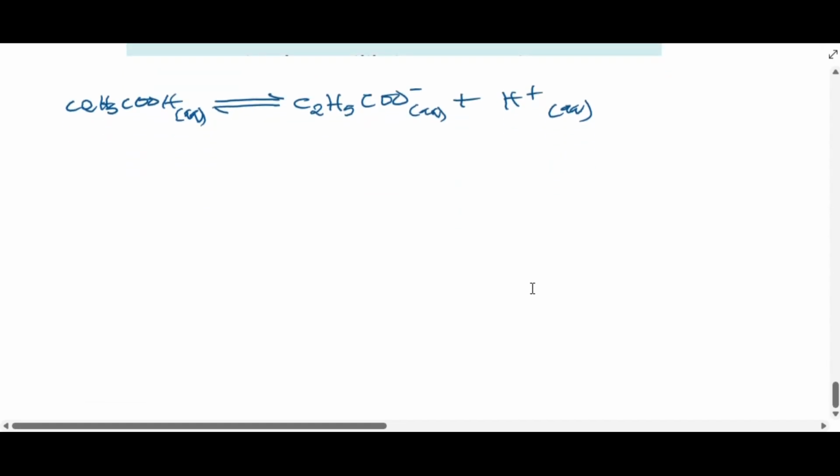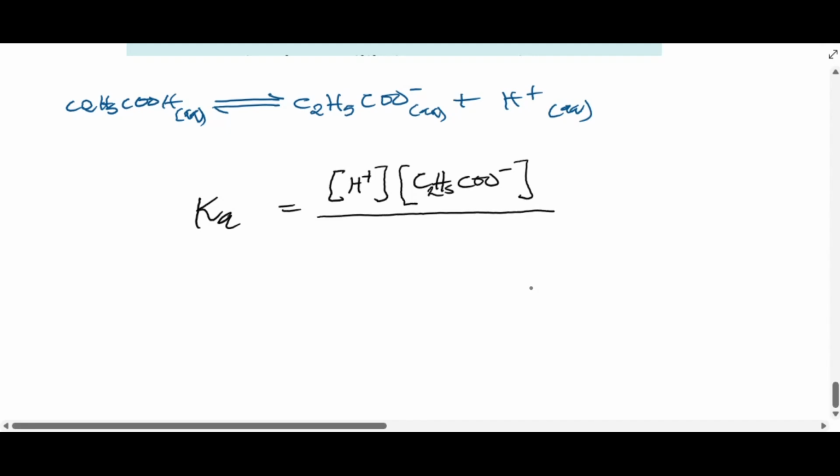So let me move up a little bit. So the Ka for this is going to be the concentration of the product, which is hydrogen ion, and the propanoate ion, C2H5COO minus, divided by the concentration of the propanoic acid, which is C2H5COOH.